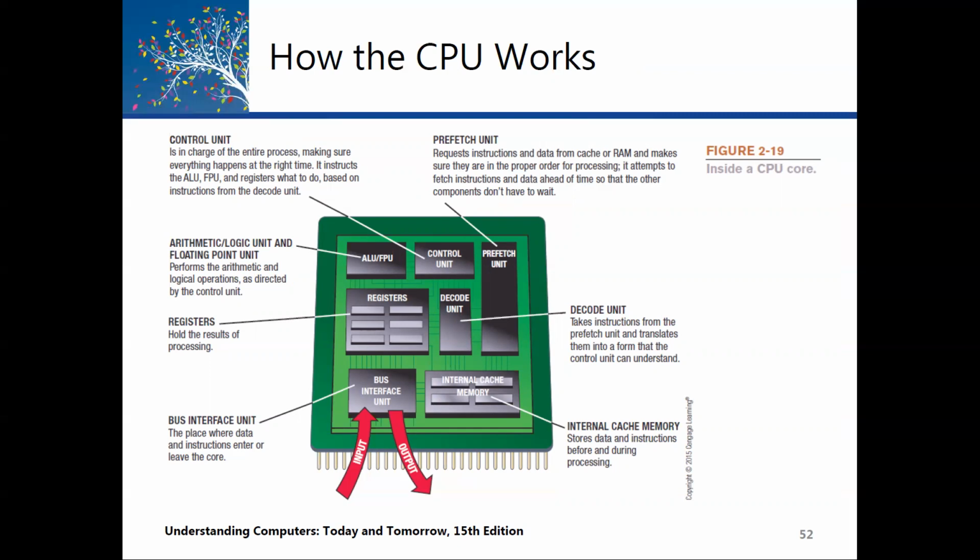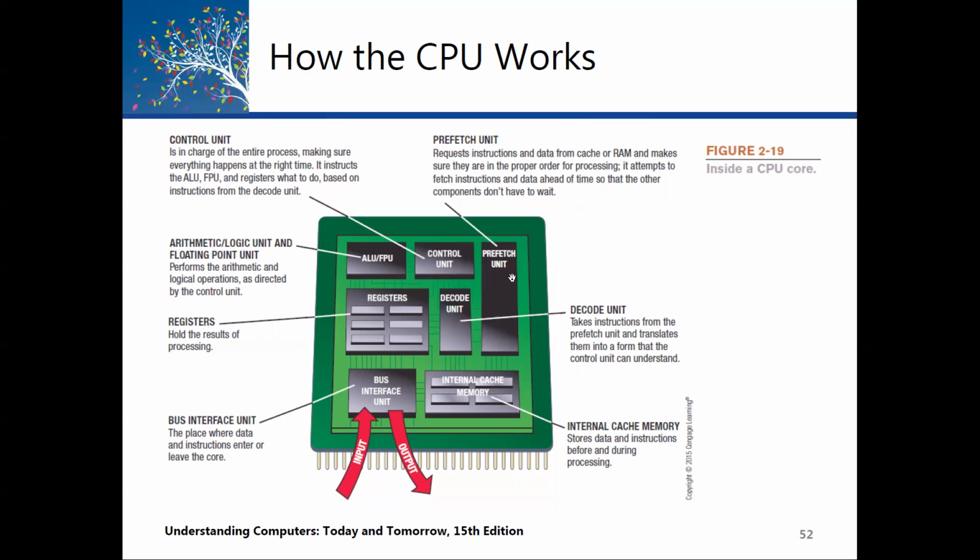So what are the components that are included in a single core of the processor? If there are multiple cores, every core will have these components. What are those components? The ALU and the FPU, the arithmetic logical unit and the floating point unit, right? A control unit. We will be having the detail of every component in coming slides, right?